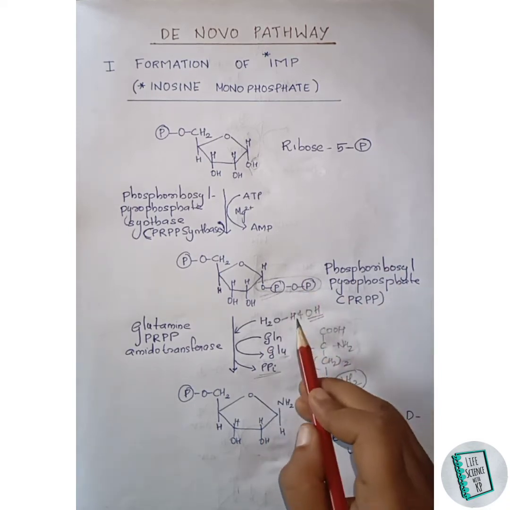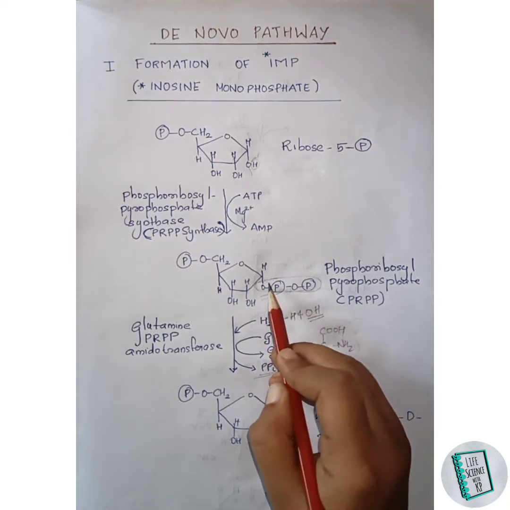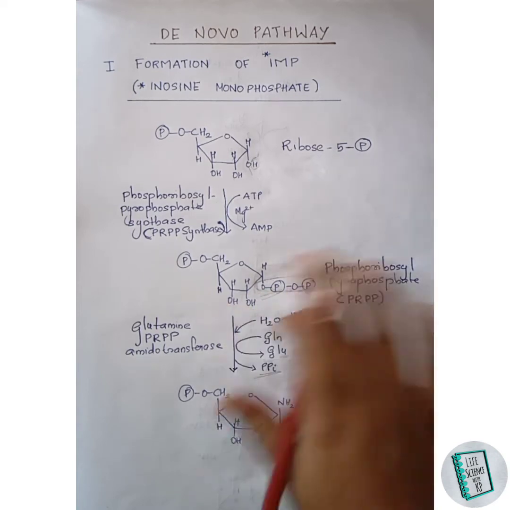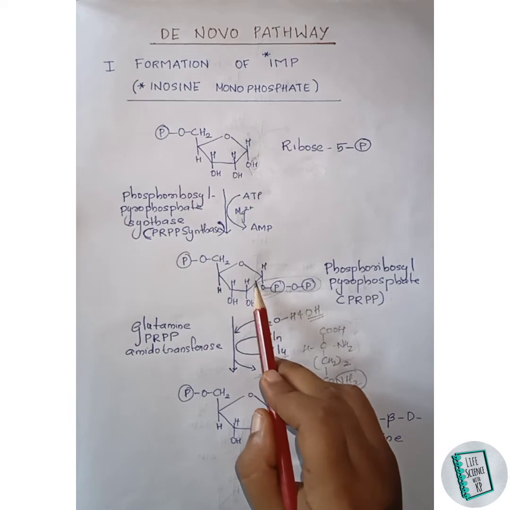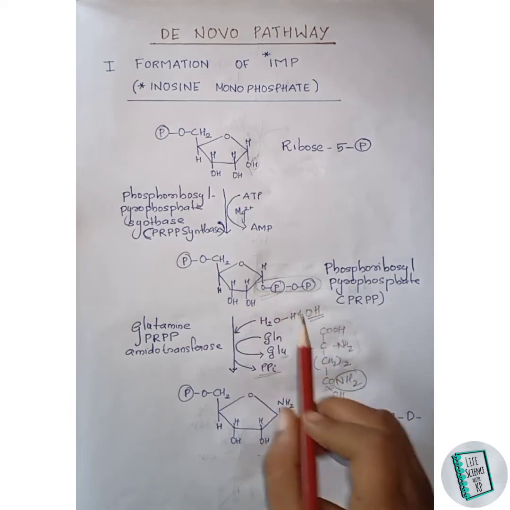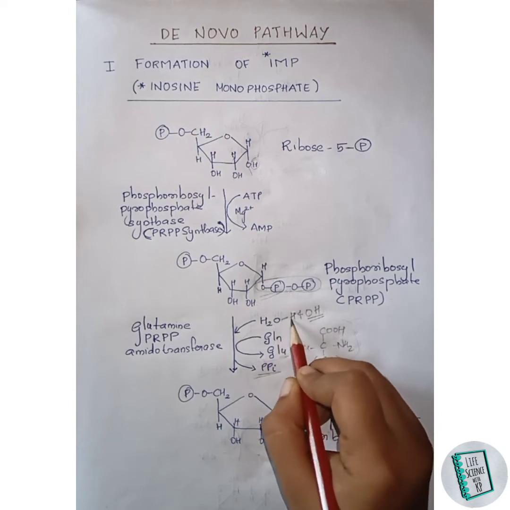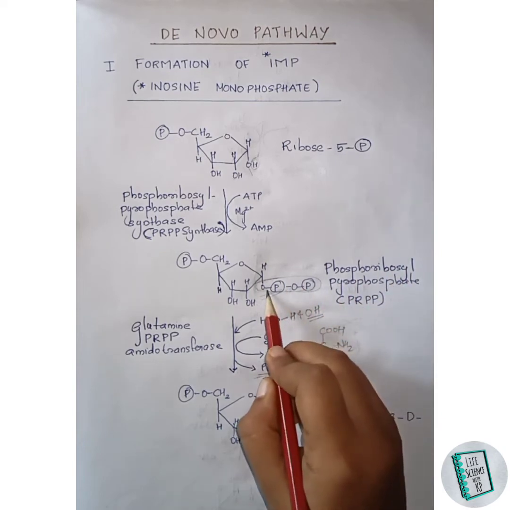The remaining hydrogen leaves with this phosphate group. First, this pyrophosphate group gets cleaved and leaves as PPi. The hydrogen of water also leaves with this phosphate group.